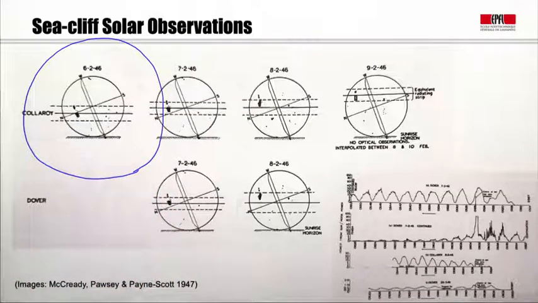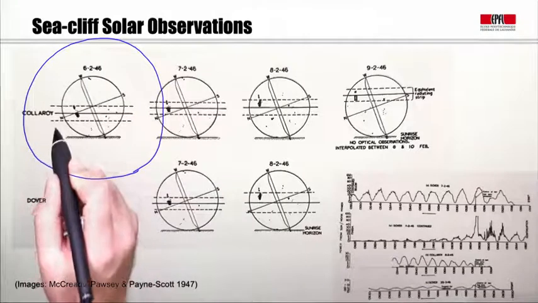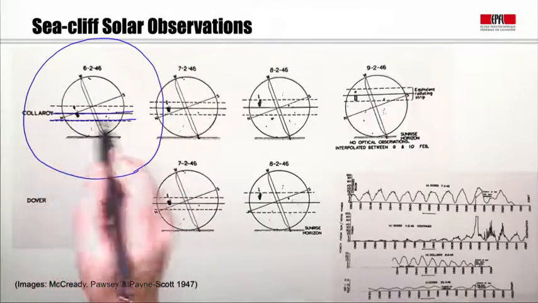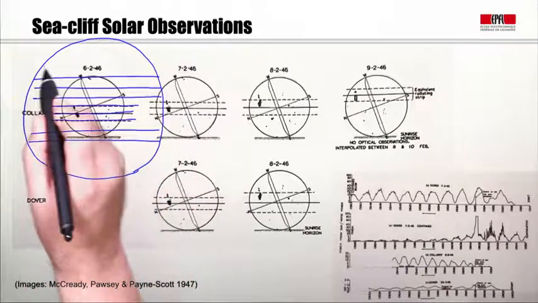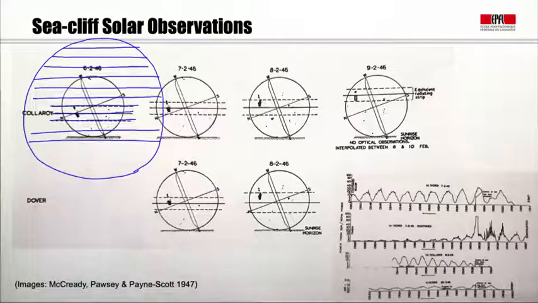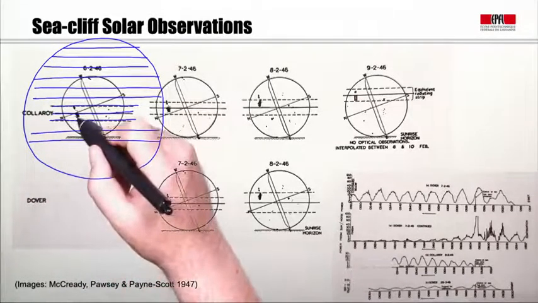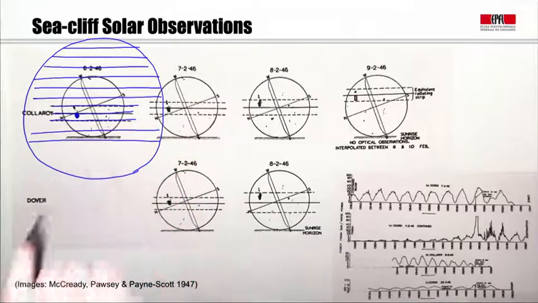But because they set up a sea cliff interferometer, they got a fringe pattern across. The fringe pattern they actually illustrate with these lines here. And we can continue this. So there's a fringe pattern cast across the sky. And then, as the sun rises, as a function of time, you can see the sunspot here. It's climbing in and out of the peaks and the troughs of the fringe pattern.